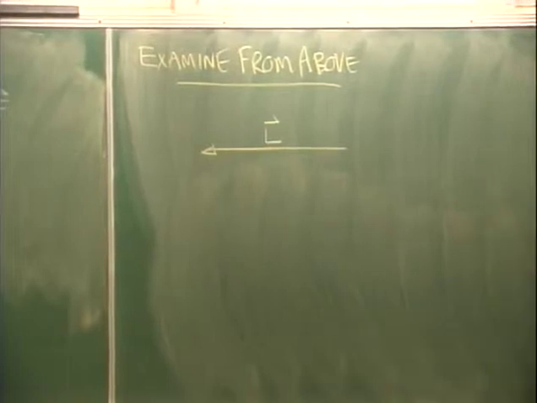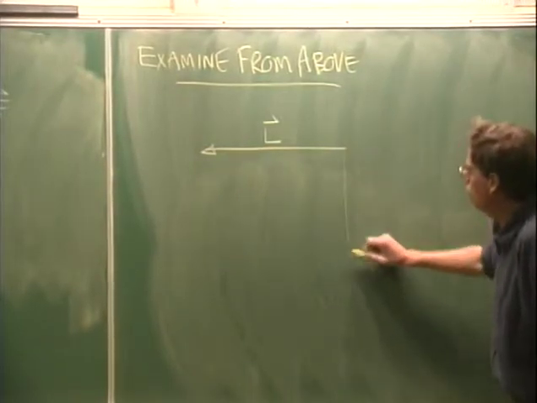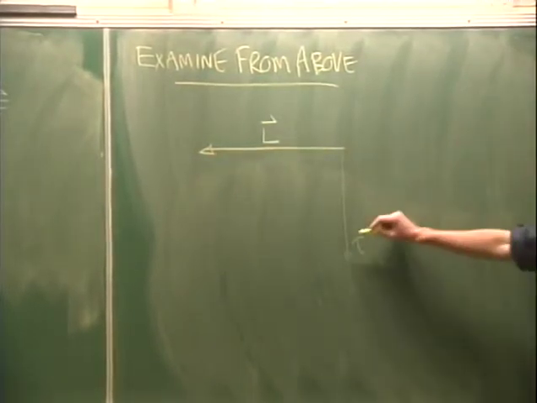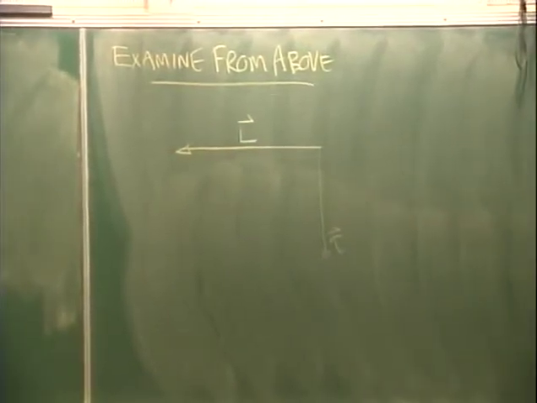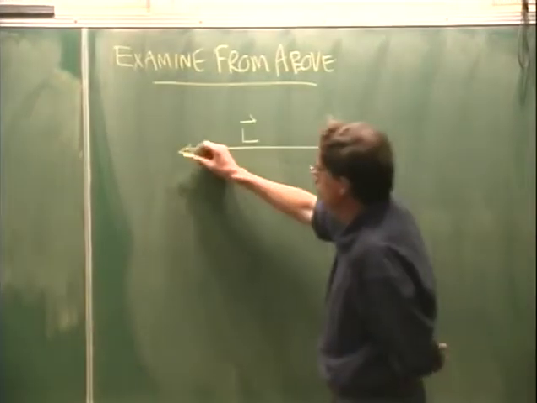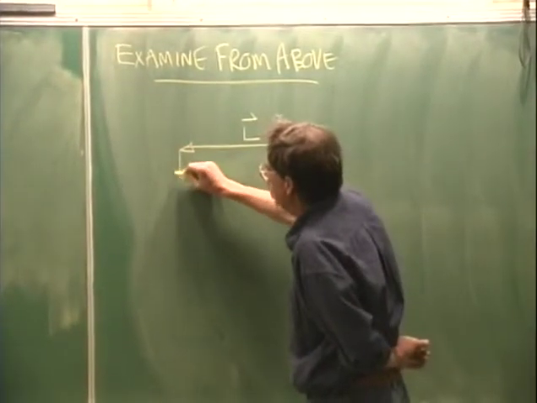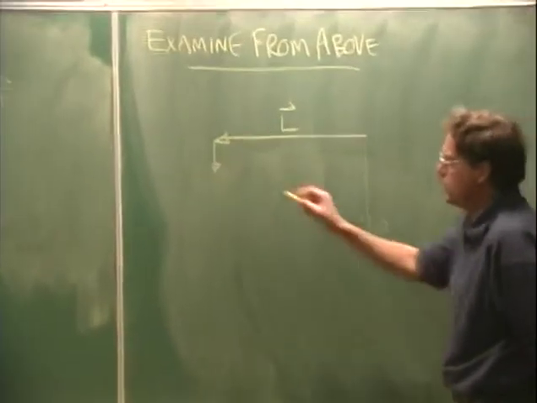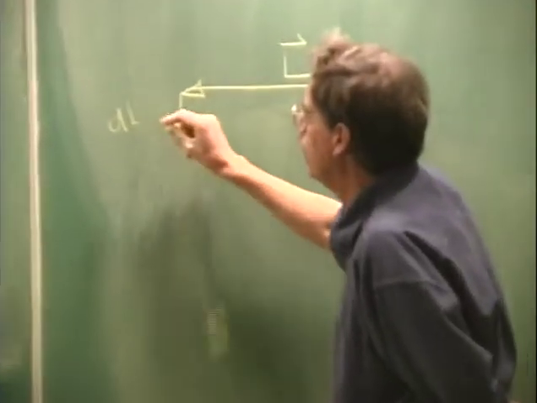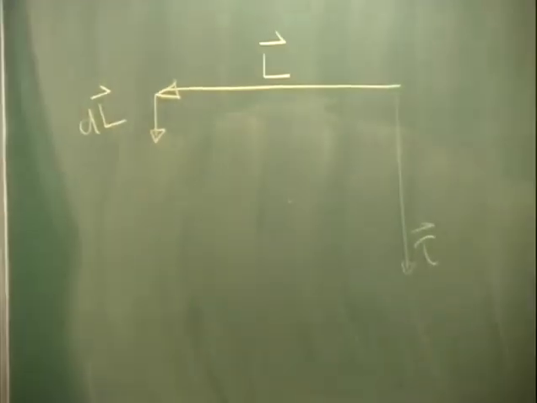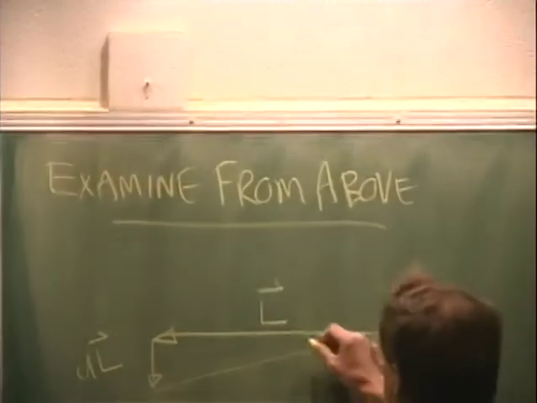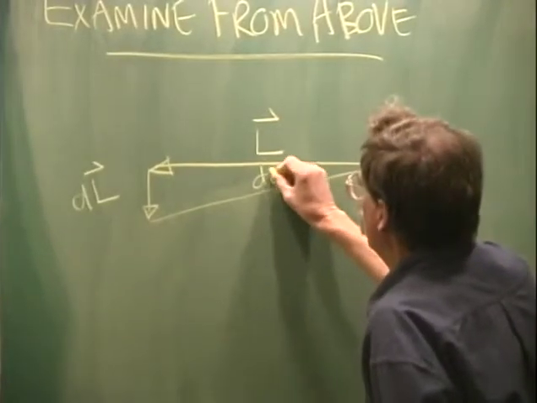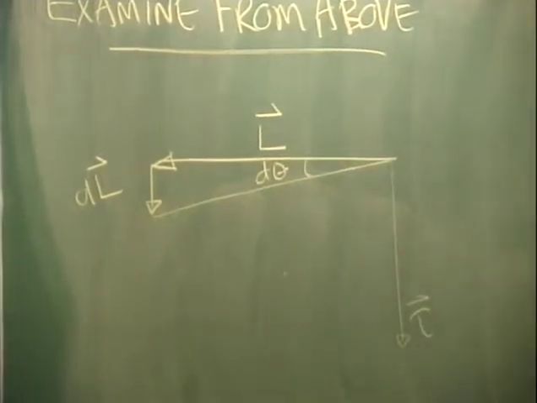But there's a torque which is pointing out of the board. So that means the change in L has got to be in the same direction as the torque. Here in the next split second is the change in the angular momentum. Looks like that. So the thing has now precessed through an angle, let's call it theta, viewed from above.